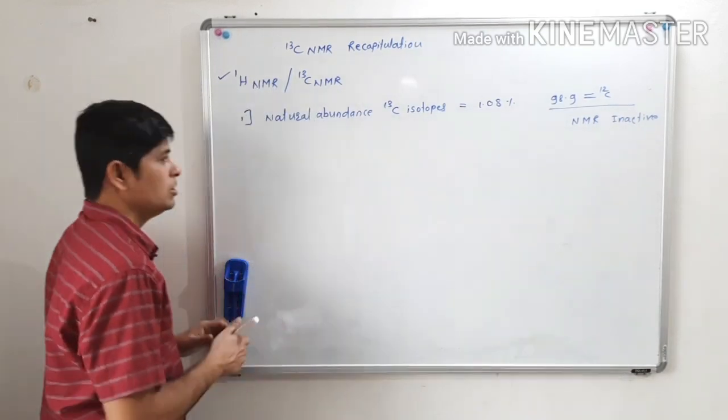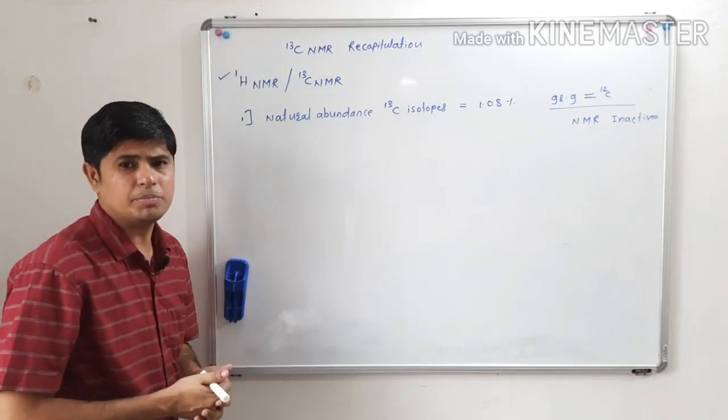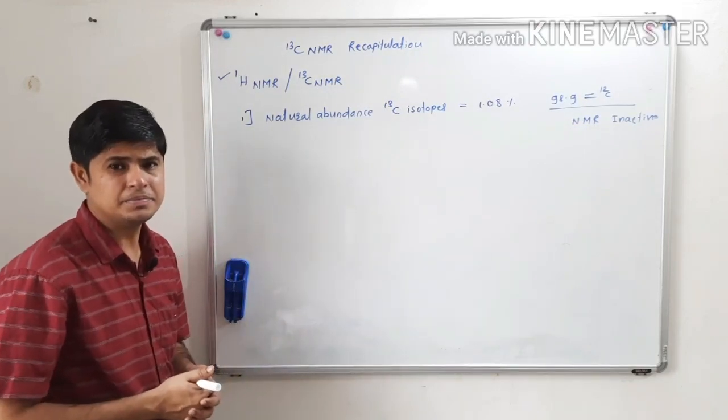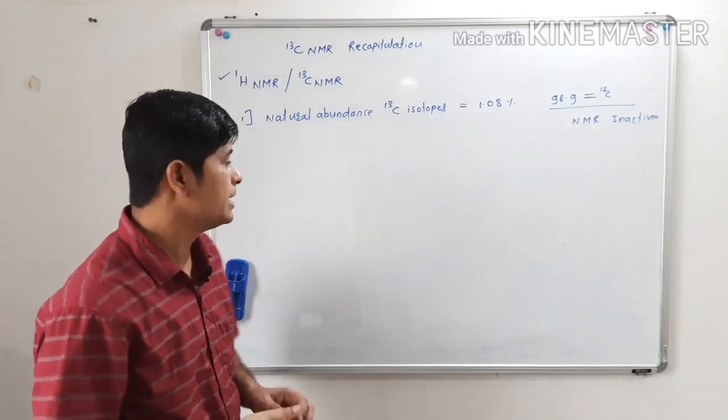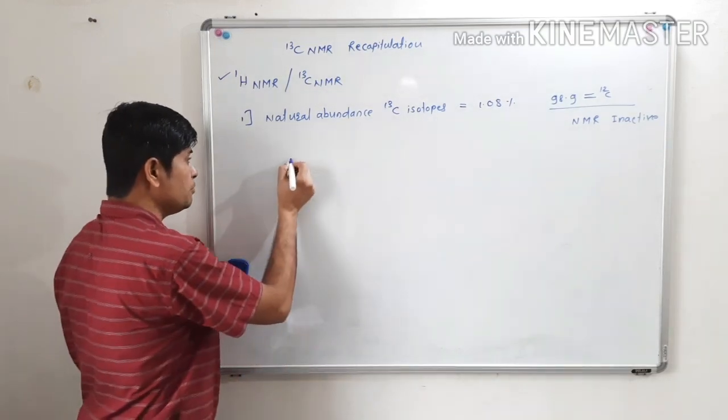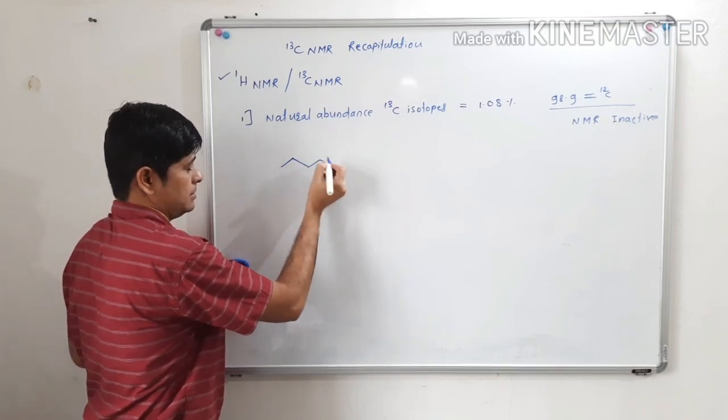So what will happen because of this isotopic abundance? Okay, if we take some example.